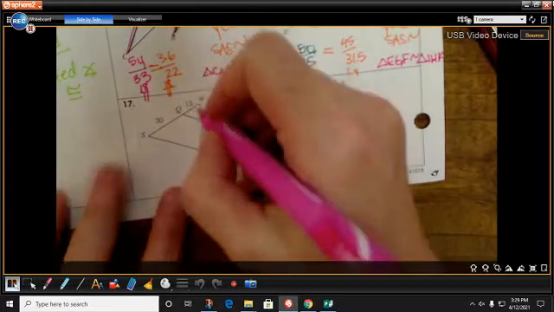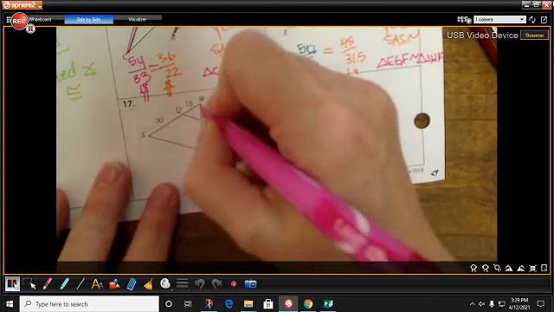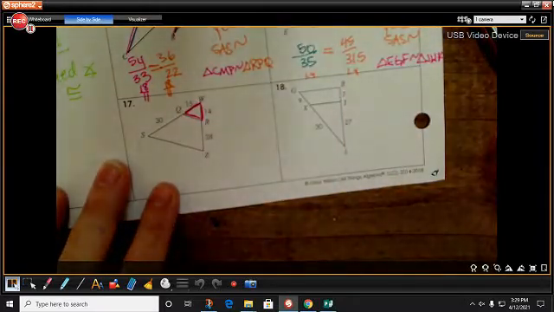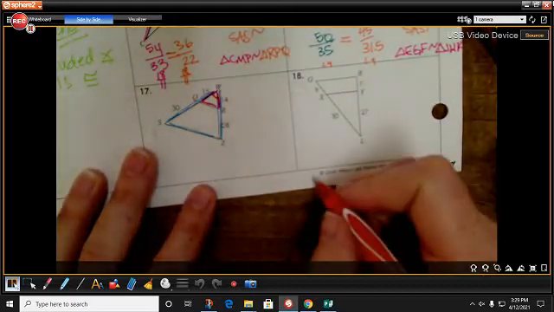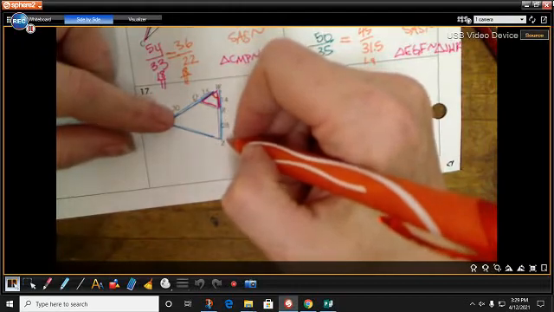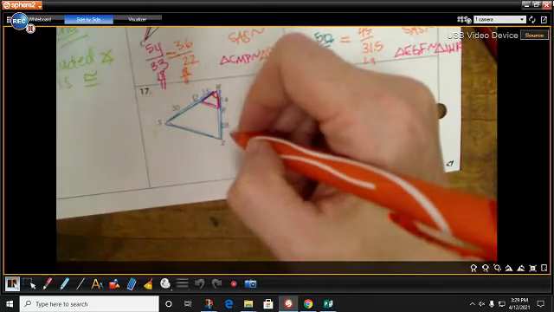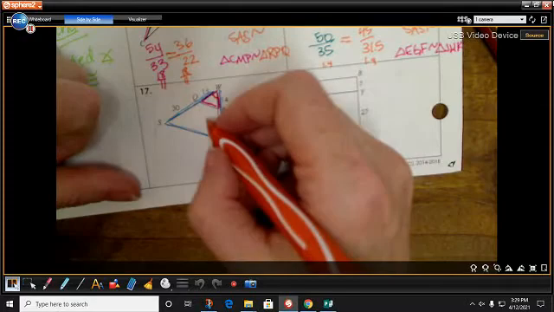On number 17, I have a small triangle, which is this pink one, and I have a big triangle, which is this blue guy. Now, both of these triangles contain the angle here at the point, and then they have the sides on either side of that angle. So I can hope for side angle side here, but I need to make sure that I have my proportions.